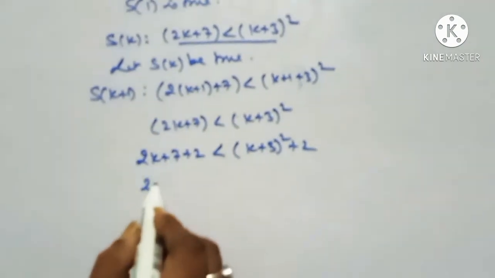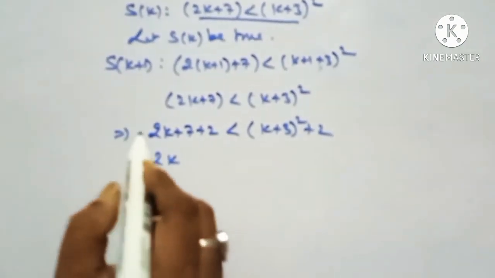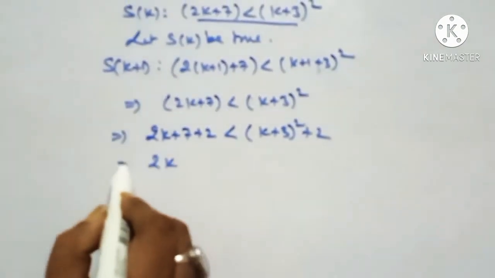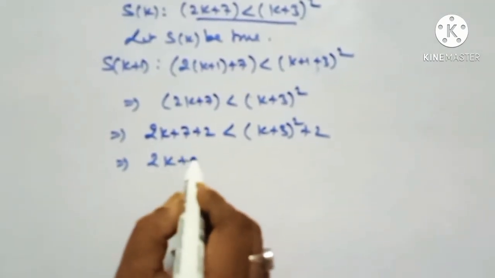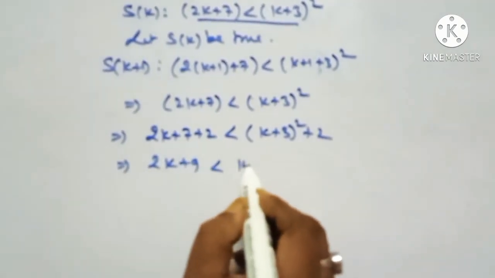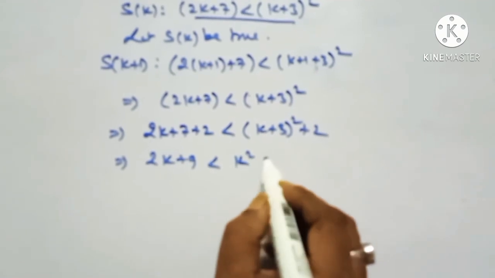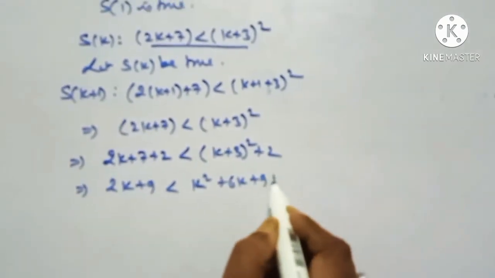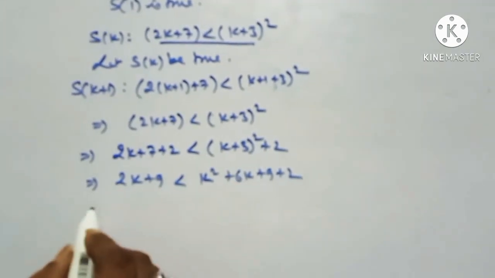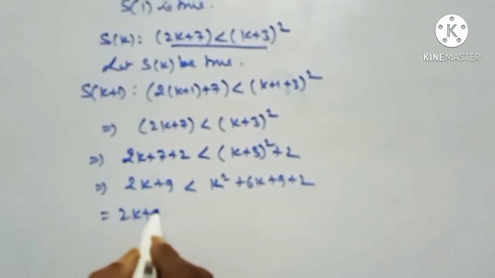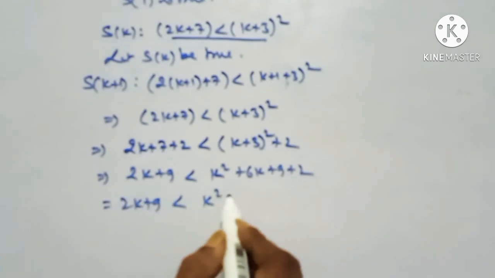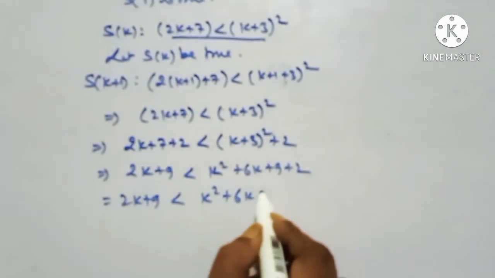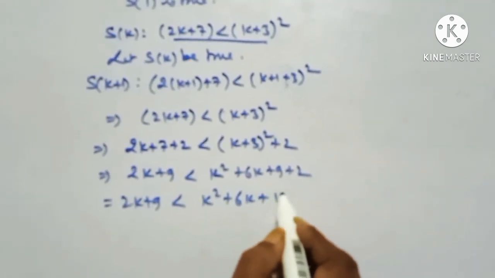Now this is 2k plus 9 less than k square plus 6k plus 9 plus 2. So this will be 2k plus 9 less than k square plus 6k plus 11.